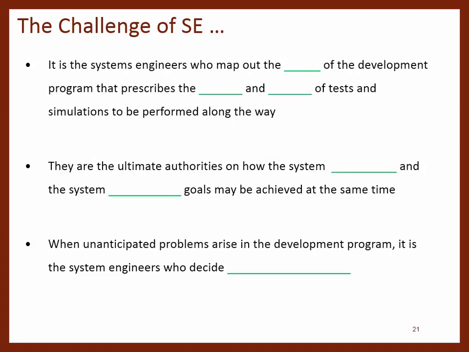In that case, it is the systems engineer who maps out the course of the development program and prescribes the type and timing of tests and simulations to be performed along the way. So if you're in the industrial engineering program, we do simulations.